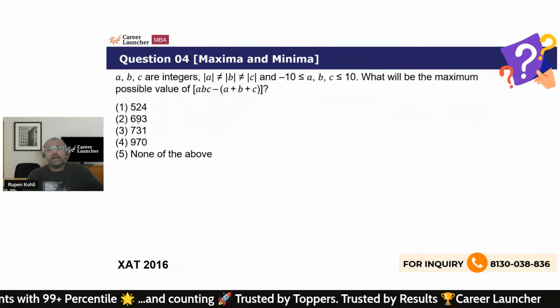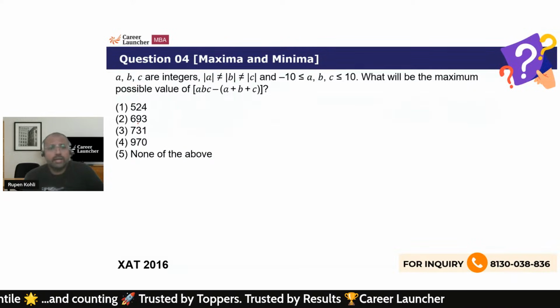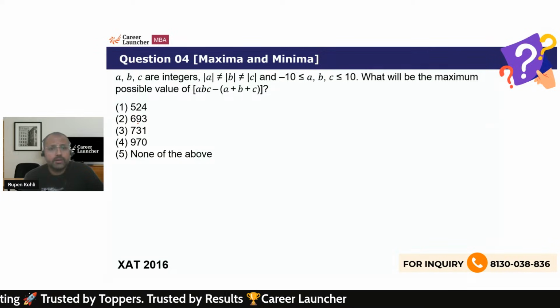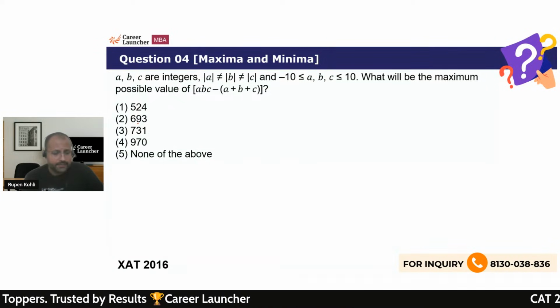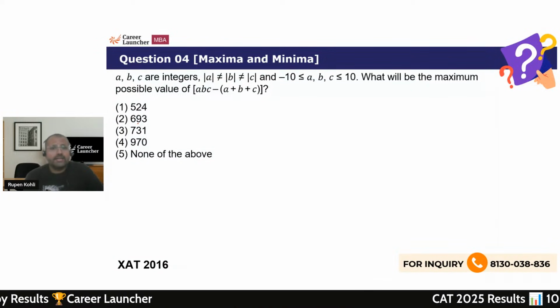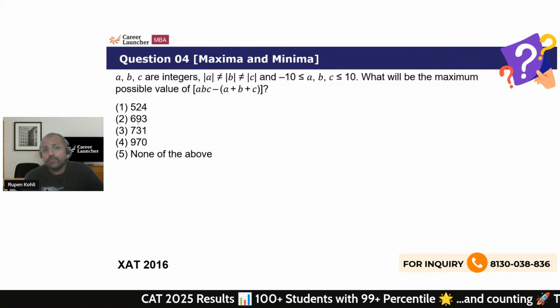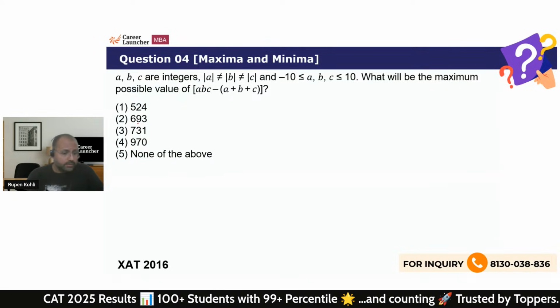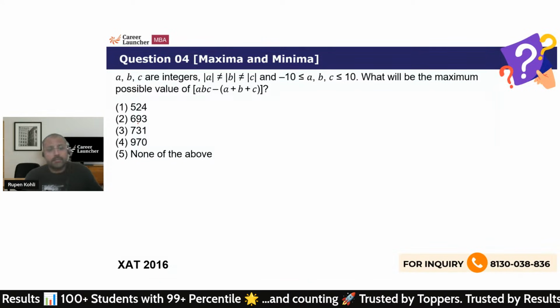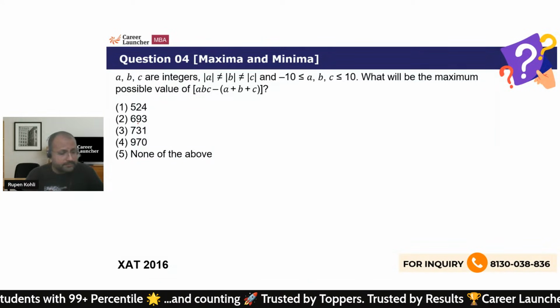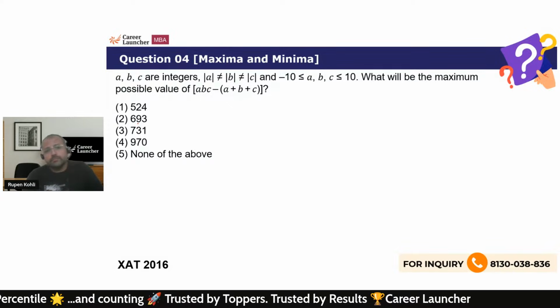A, B, C are integers, mod A not equal to mod B not equal to mod C, and A, B, C lie in the range of -10 to +10. What will be the maximum possible value of this expression, which is ABC minus (A plus B plus C), right?